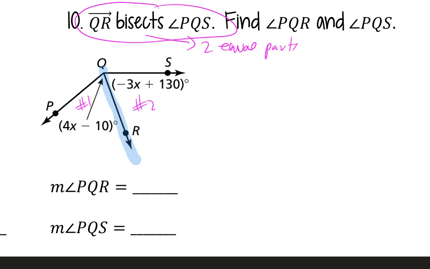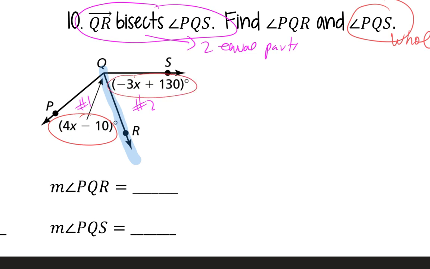Well, if it's represented by that, I need to figure out what that is. PQS is the whole thing. So if that's the whole thing, the way I can figure out the whole thing is if I know what one part is, then I just multiply it times 2 and I get the whole thing, right? Or I can say this part plus this part equals the whole thing.